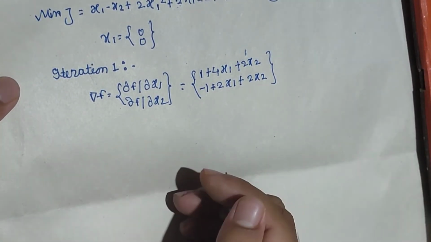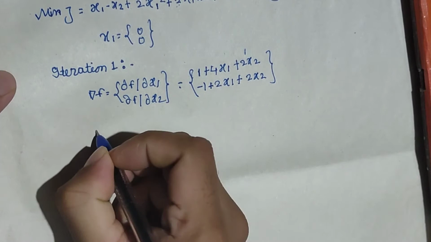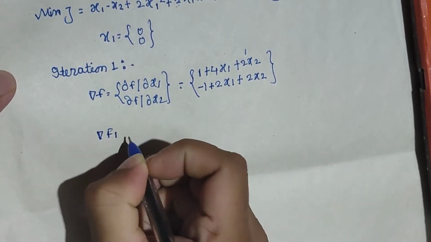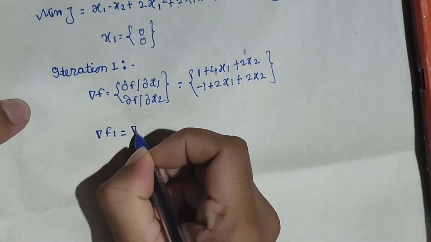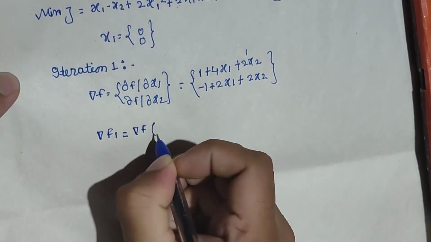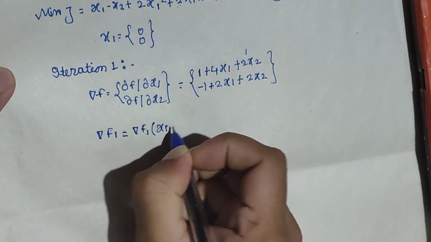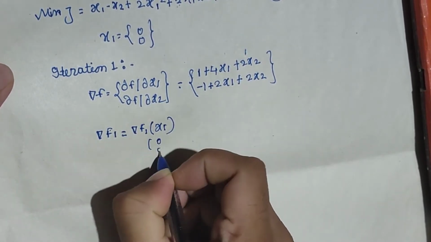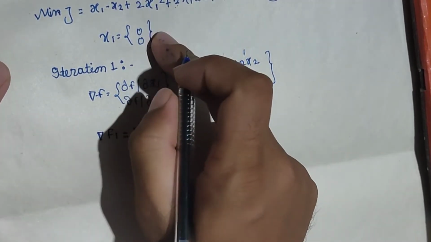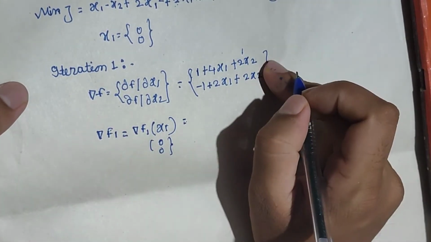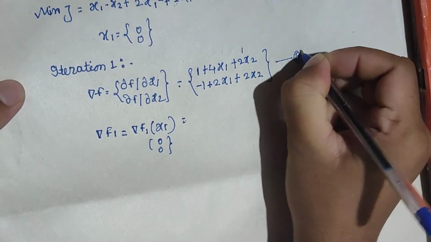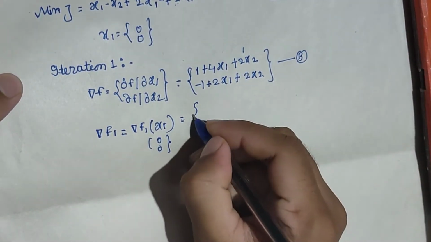Now we have to find the value of del f1. We have considered 0 and 0 as initial values for x1 and x2, so we put these values into these equations. This is equation number 2.